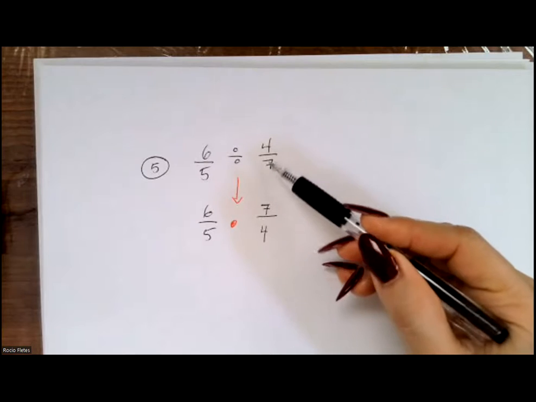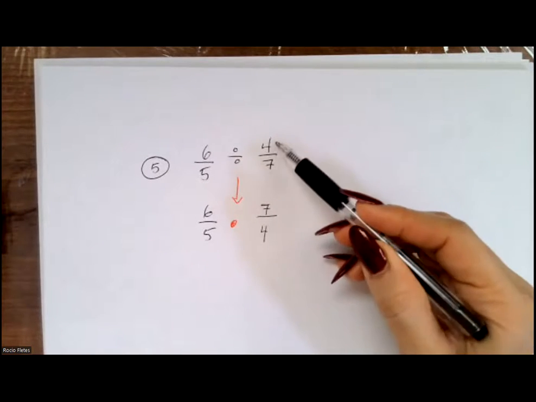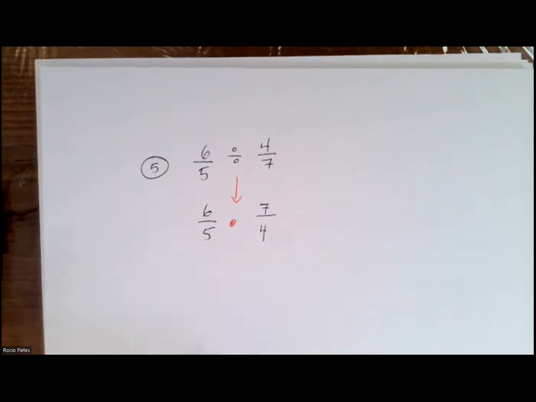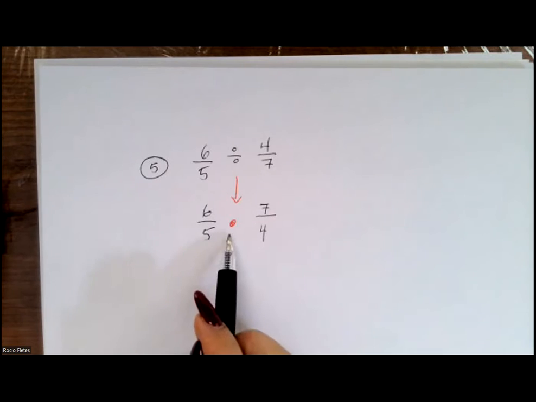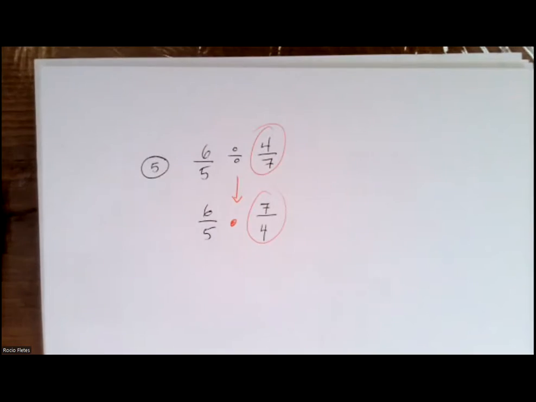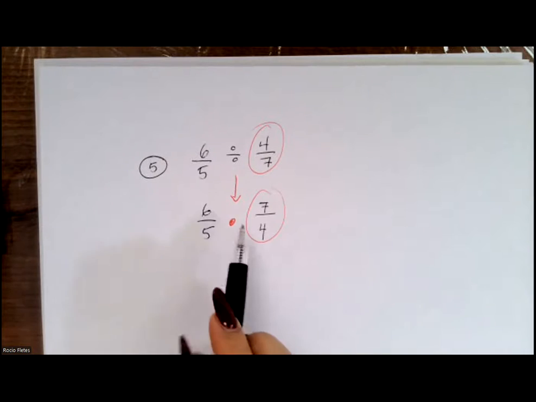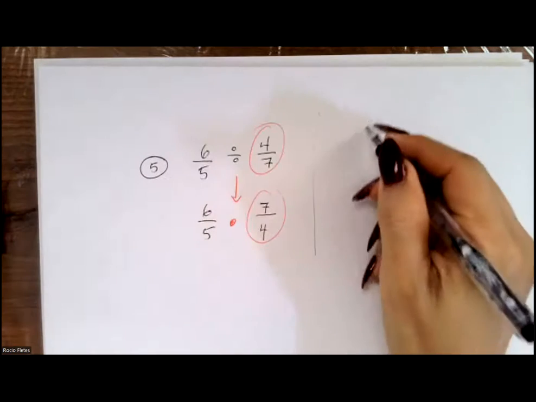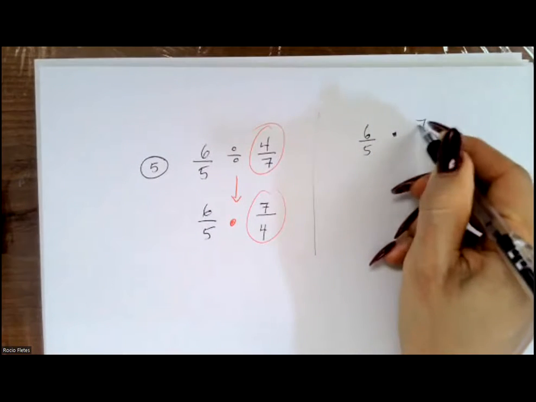The numerator becomes the denominator and the denominator becomes the numerator. Remember, only the second fraction, not the first one. Once it is a multiplication like that, let me write it here on the side.